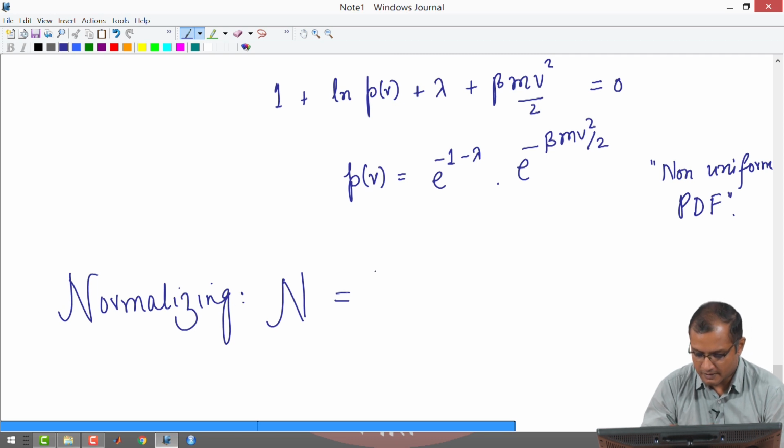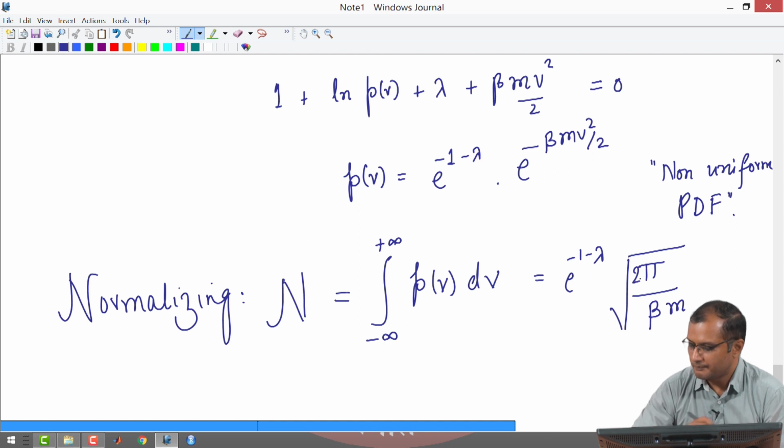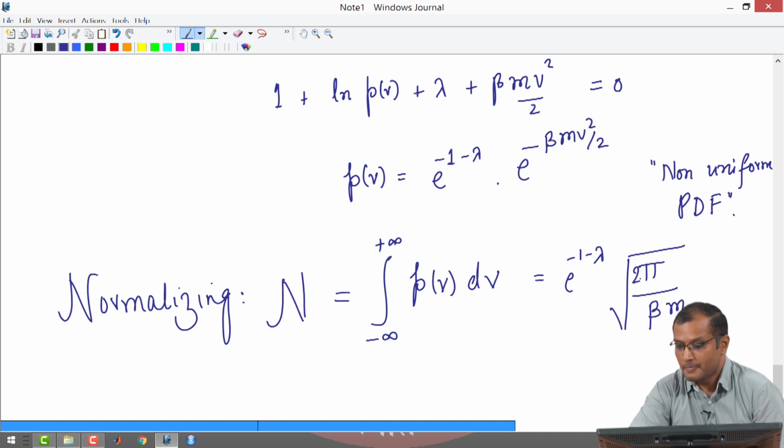This is nothing but the integral from minus infinity to plus infinity of P of v dv, and that will come out to be e raised to minus 1 minus lambda times the integral of a Gaussian, which is the square root of pi by a. Here pi by a itself is 2 pi upon beta m.